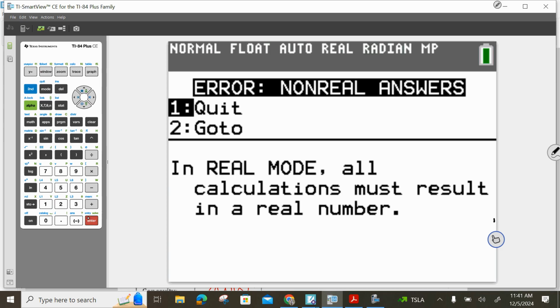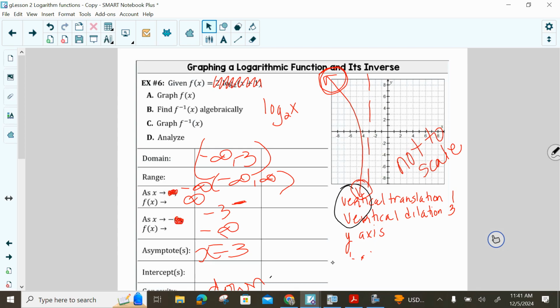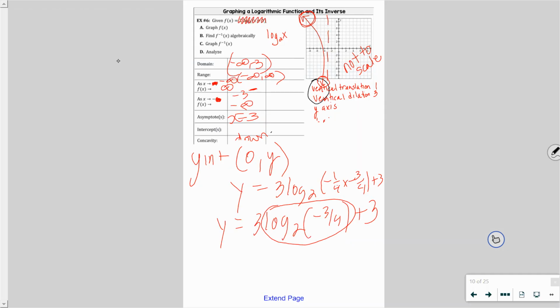How about if your calculator did not have that log base in it? How else can you put that in your calculator? Again, these are properties that you're reviewing tonight. Anybody remember? Connor? Is it log 10 of argument over log 10 of base?